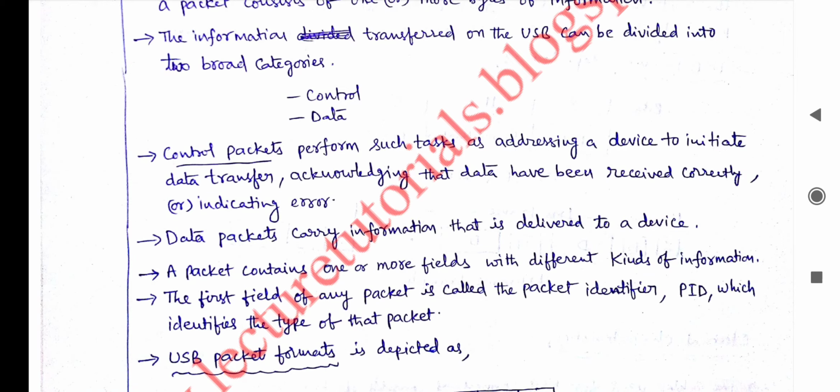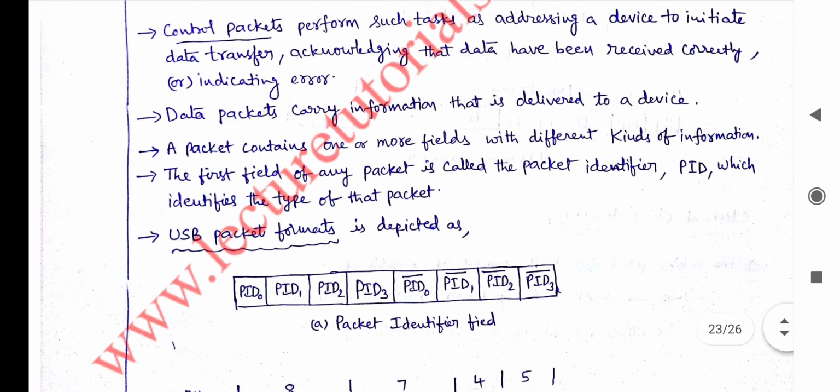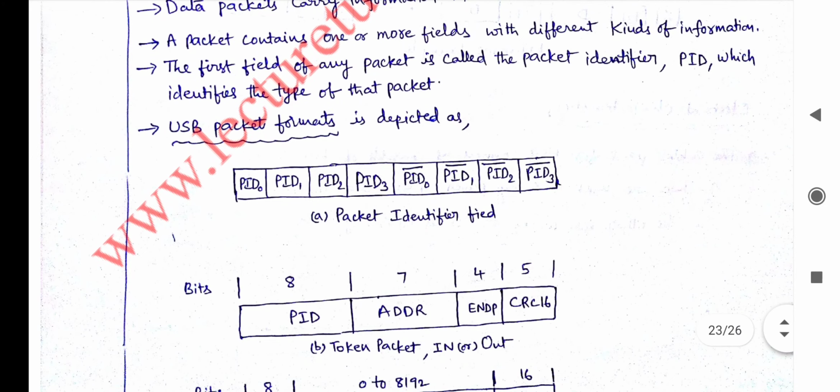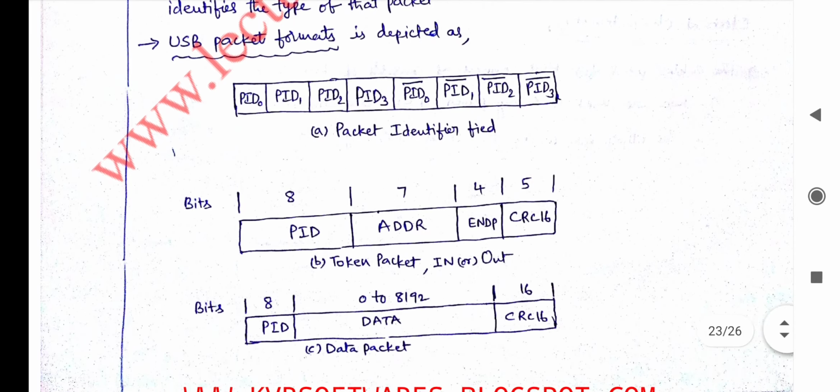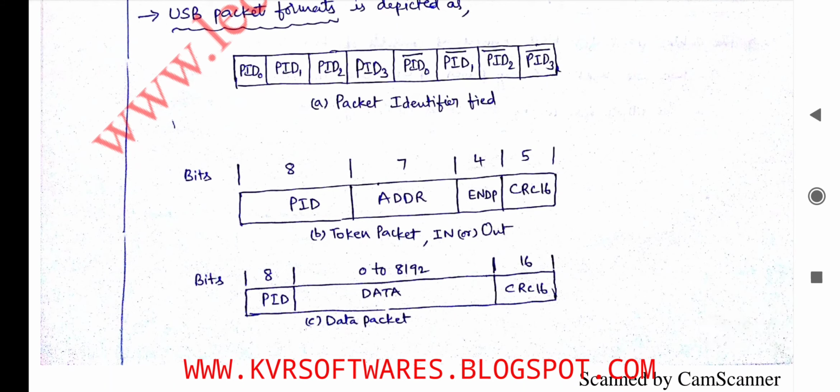The USB packet format looks like this. See, PID 0, 1, 2, 3, so the packet identifier fields. Next, the packet identifier bits, first 8 bits, 7, 4, 5. Right.